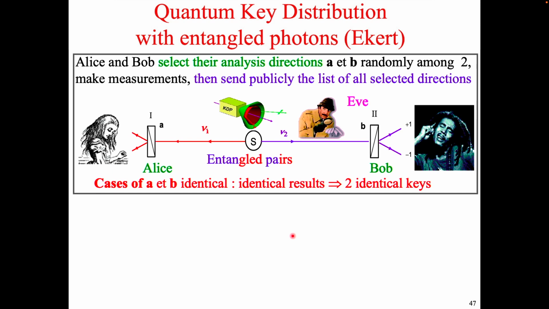The point based on non-locality is the following. Is there anything to spy on here for the eavesdropper? No. Because if you believe in my story, until the last moment, nothing has happened. It's only at the last moment when the measurement takes place here that it is decided whether it is +1 or -1.